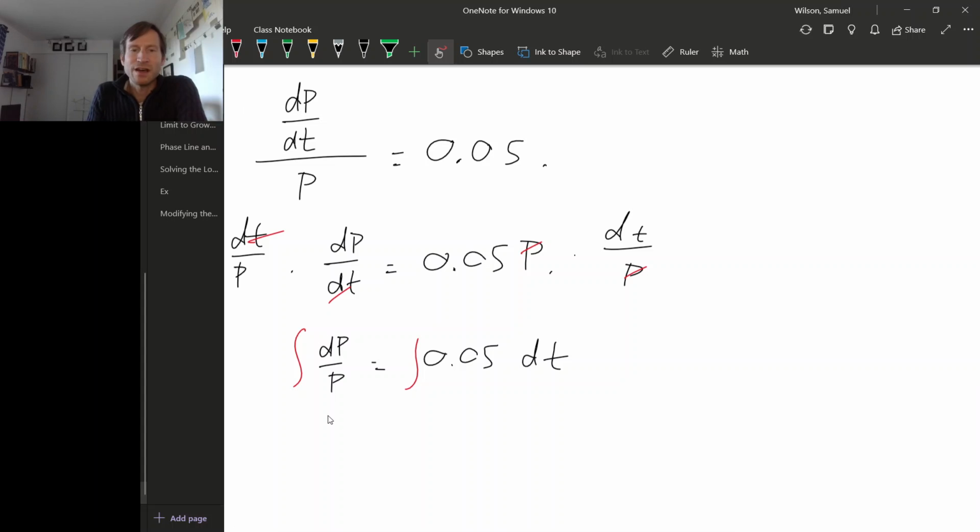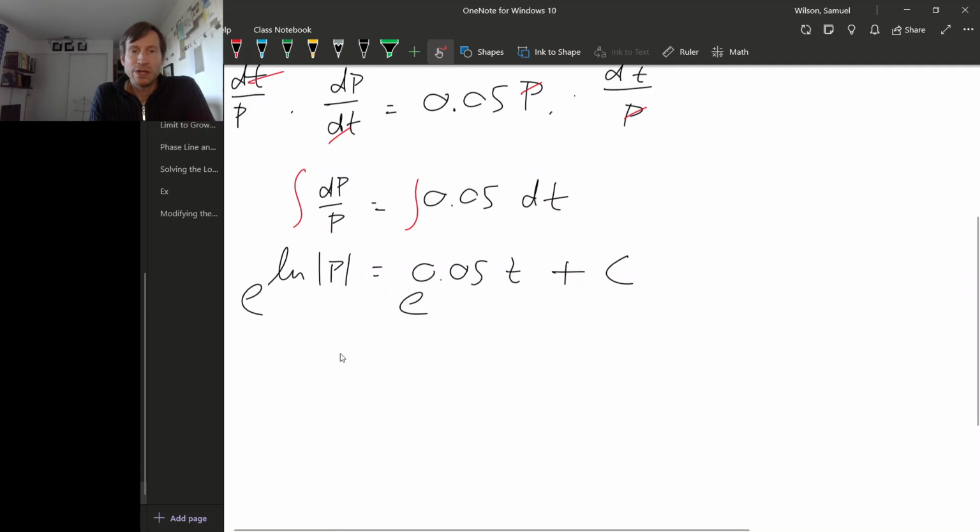On the left-hand side, we get natural log of the absolute value of P. On the right-hand side, we get 0.05t plus a constant. Then we can exponentiate.